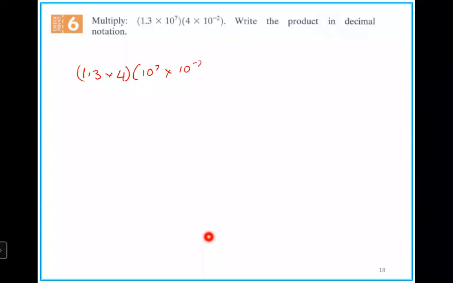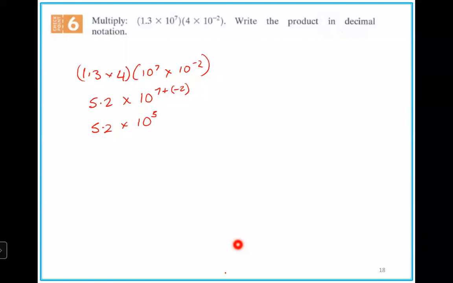Then I did the 5.2 times 10 to the 7 power plus negative 2. Okay, hold on. 7 plus negative 2 gives you what? 5. Okay, so it's 10 to the 5th power.